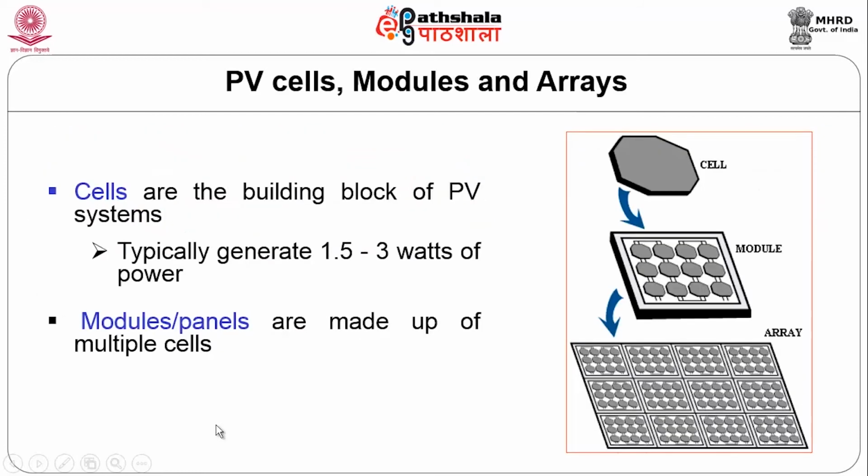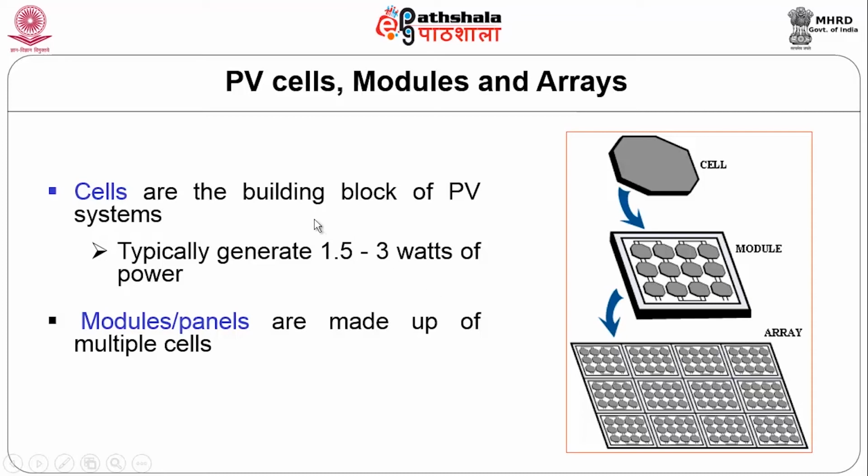And this is about the PV cells, modules and arrays, and this is the one cell. When the cells are connected together, it becomes a module. When the modules are connected together, it becomes an array. When the arrays are connected together, it becomes a solar PV power plant.